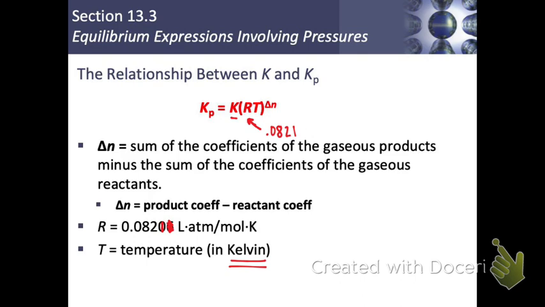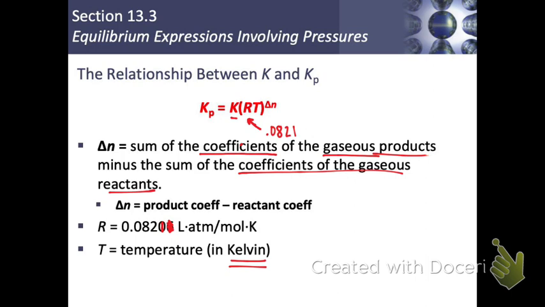We have to have that in Kelvin because if we used 0 degrees Celsius, that would throw off all of our math, right? The only thing that's different here is that this formula is to the delta n power. And delta n is the sum of the coefficients of gaseous products minus the coefficients of reactants.